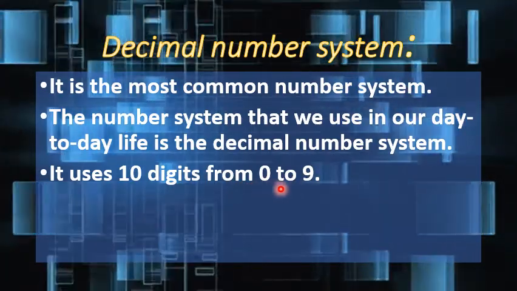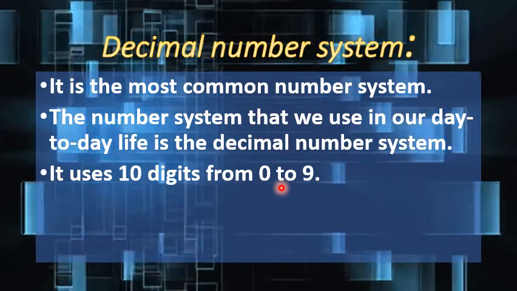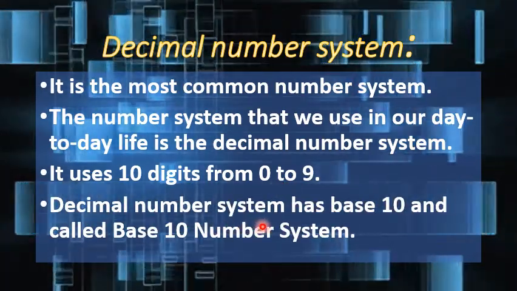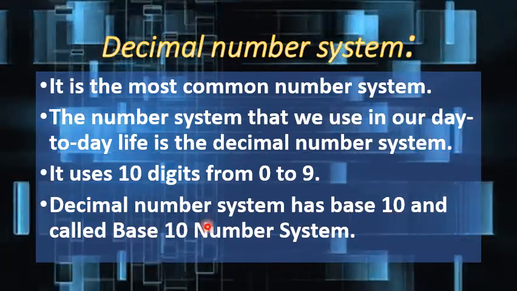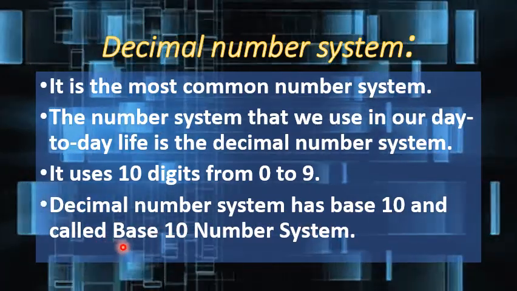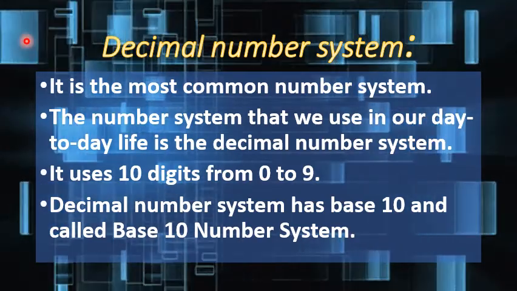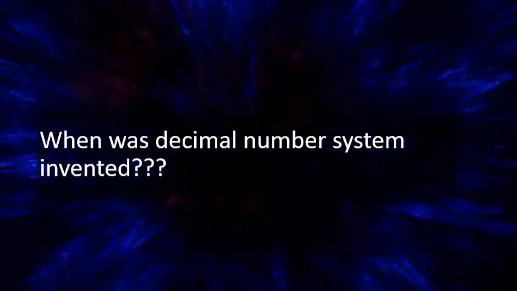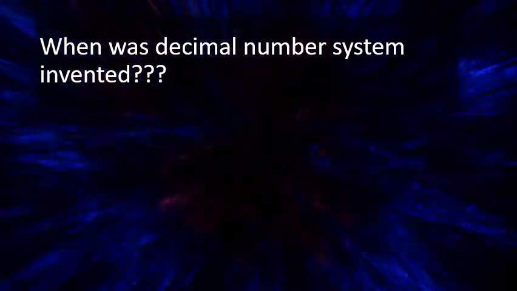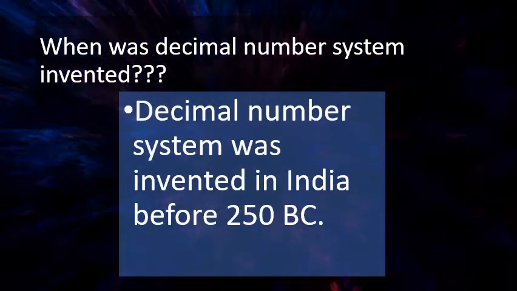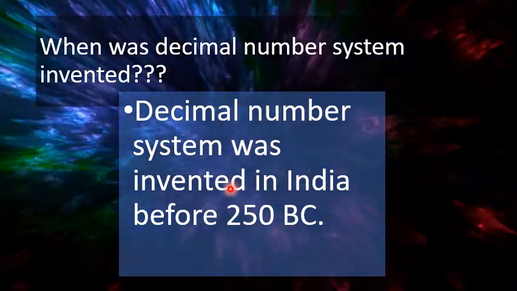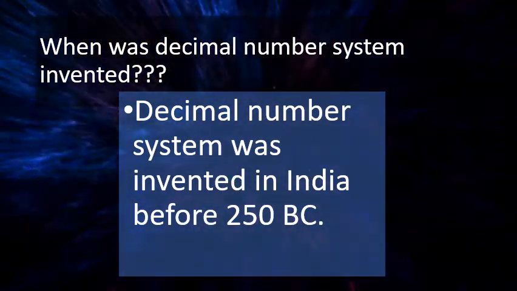It means 0, 1, 2, 3, 4, 5, 6, 7, 8, 9. Decimal number system has base 10, and that is why it is called base 10 number system. Do you know when the decimal number system was invented? Decimal number system was invented in India before 250 BC.